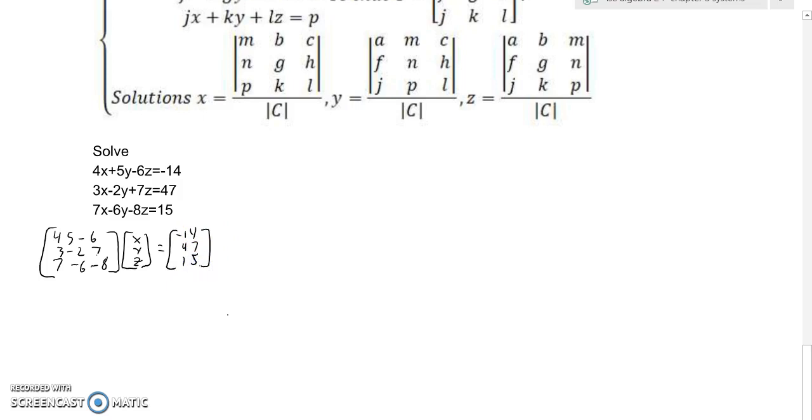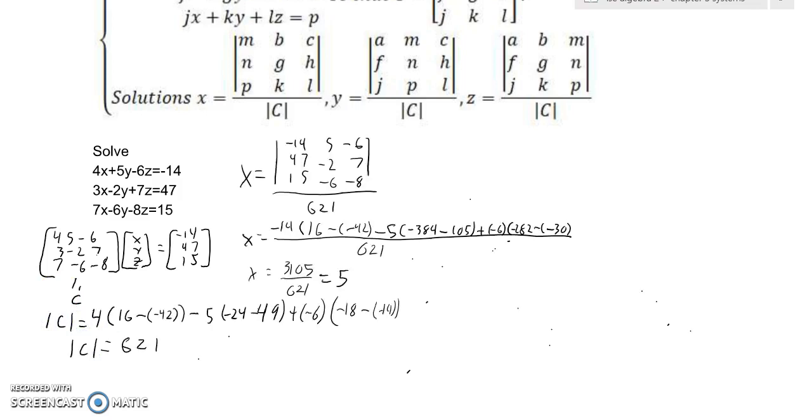Ooh, these are going to be fun fractioning answers, I can tell already. So here is our new C. When you finish calculating the determinant of C, you get your 621. That's going to be your denominator for your X, your Y, and your Z.